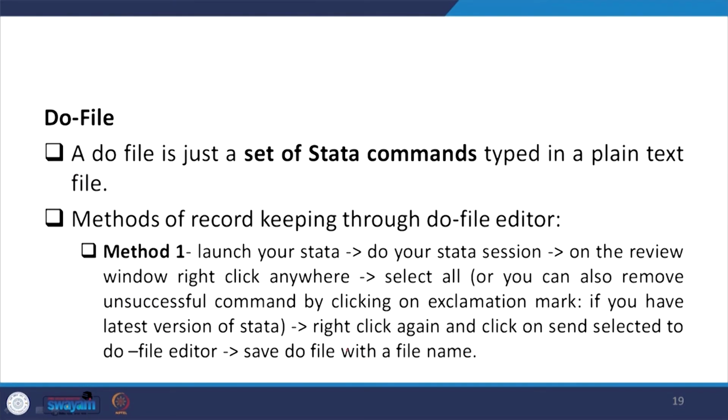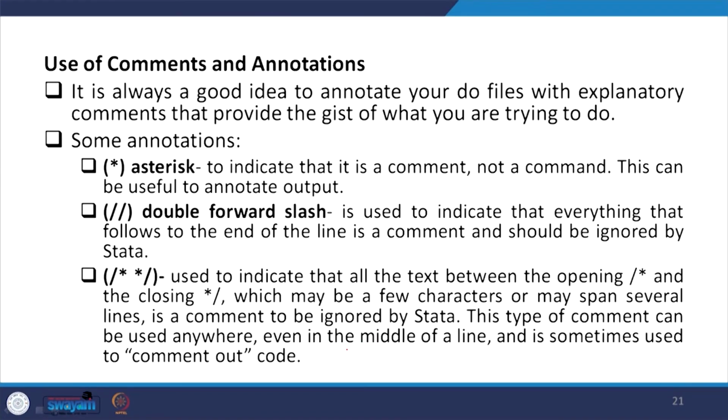We have also information on the do file, how to operate the do file, what kind of commands we generally use, what is the best method of operating the do file. Okay, we will continue those things in the next class. Within the do file, it is very interesting to note some asterisk entries, double forward slash, triple forward slash, even forward slash asterisk at the beginning and the end, how it reads. If you execute from there, it actually operates with those commands. We will continue that in the next class.